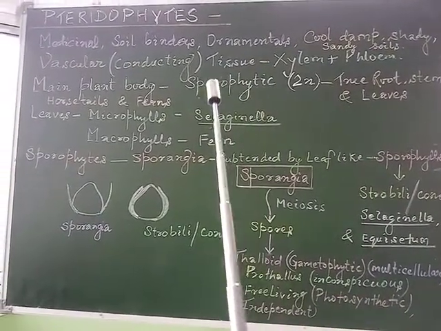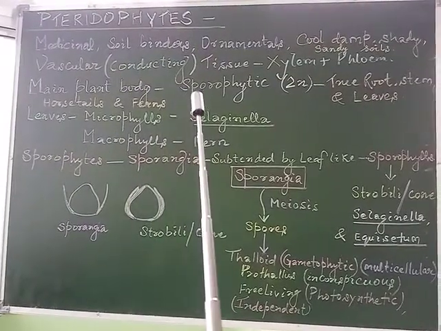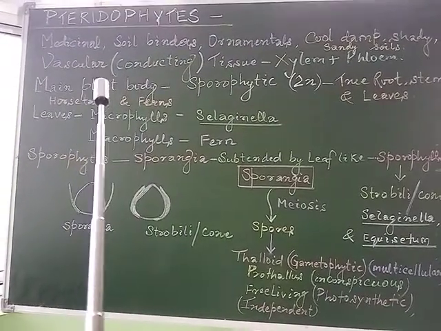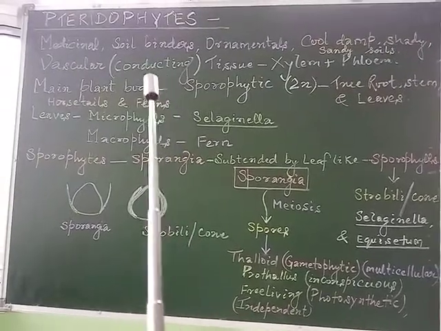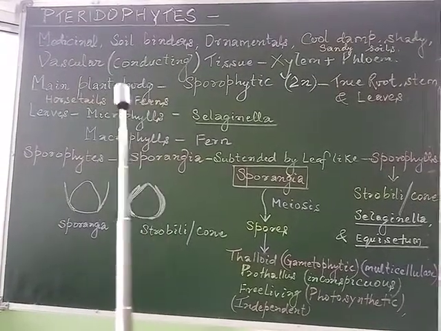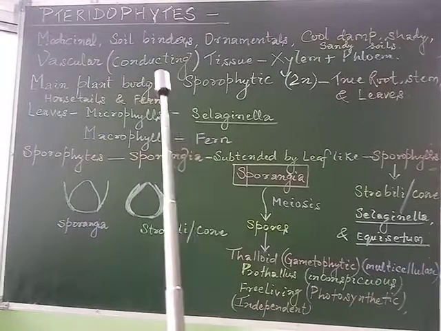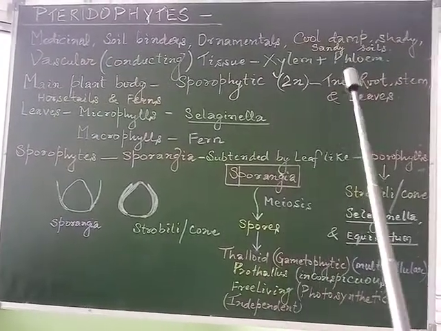To fulfill that, they are the first group which possesses vascular tissues or conducting tissues. Do we know that within the plant body, the vascular tissues are the xylem and phloem?